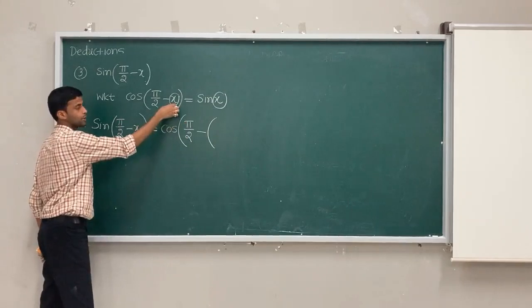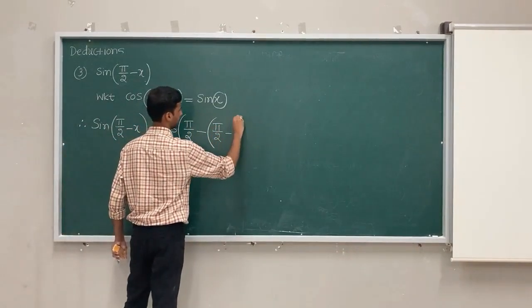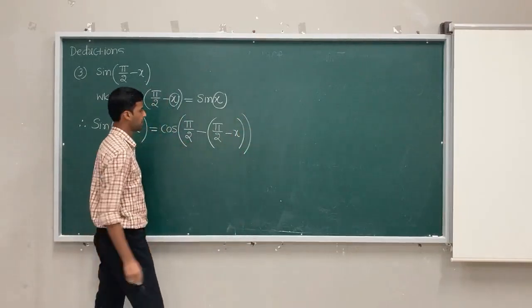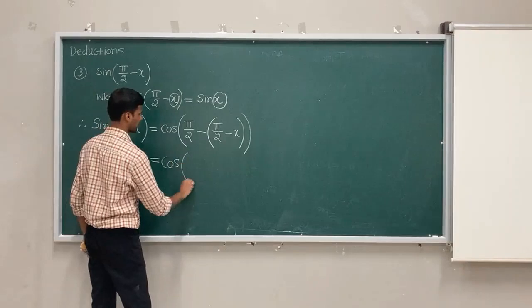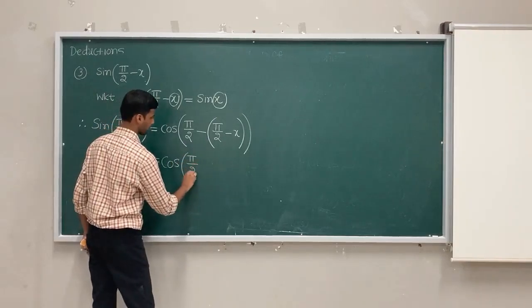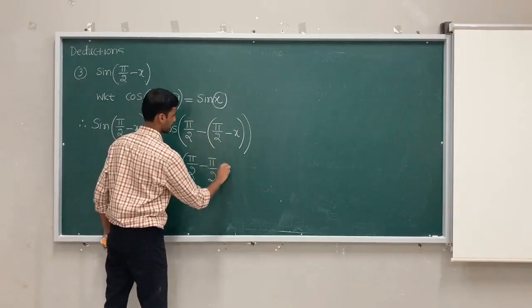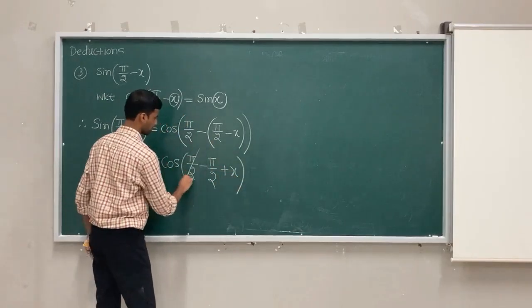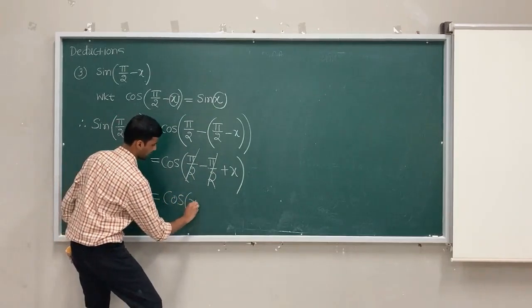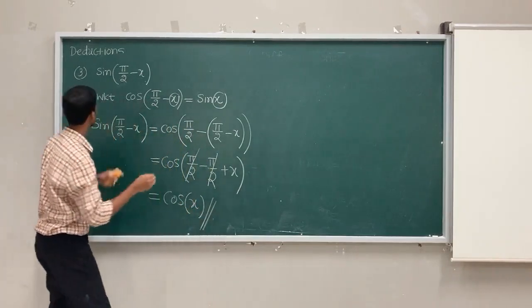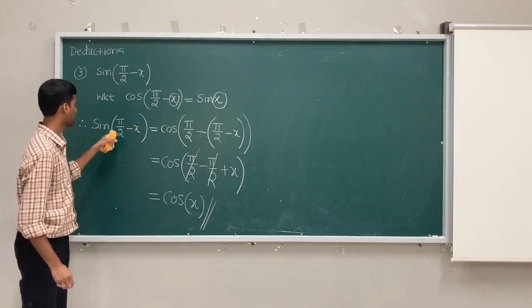When you simplify this expression, it becomes cos of pi by 2 minus pi by 2, minus minus becomes plus. So pi by 2 minus pi by 2 gets cancelled, and you are left with cos of x.